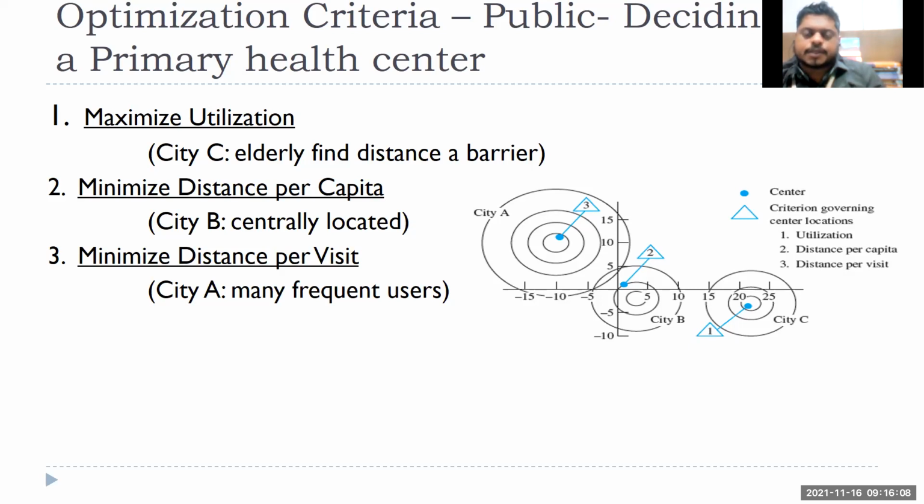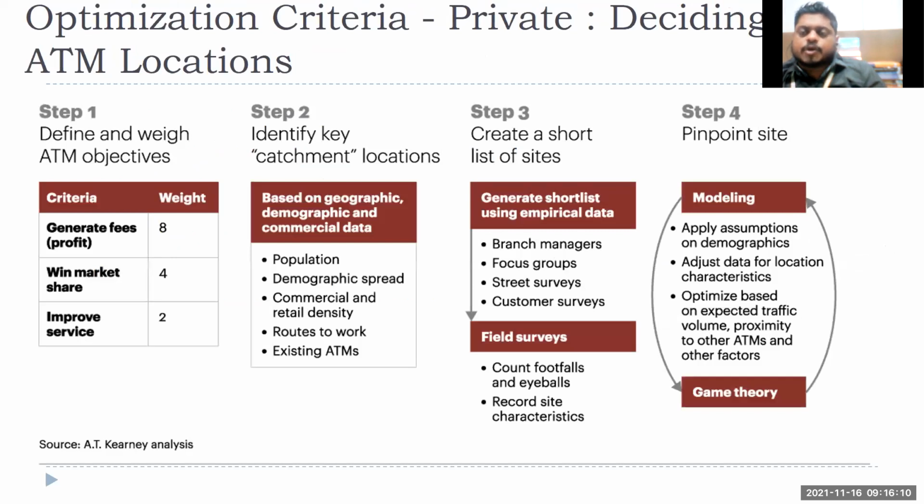If I'm putting a healthcare center, think about a private ATM, this SBI, ICICI, or whichever bank, right? They have to put an ATM, or the same thing can be applied for a small bank also, right? So now how will you go about it?